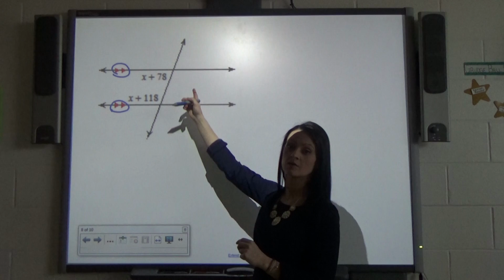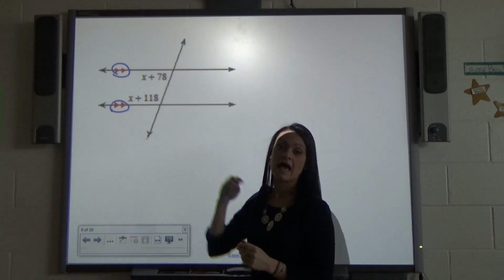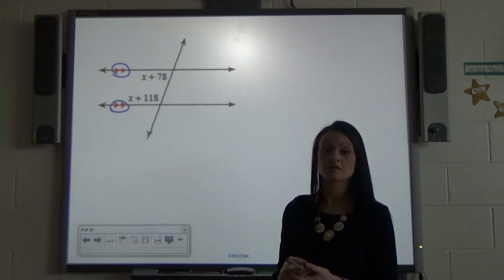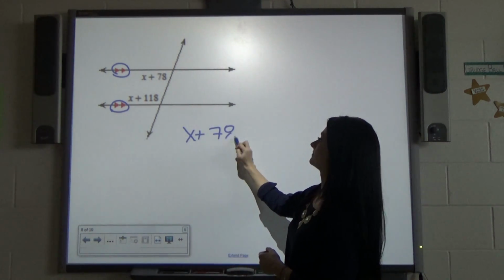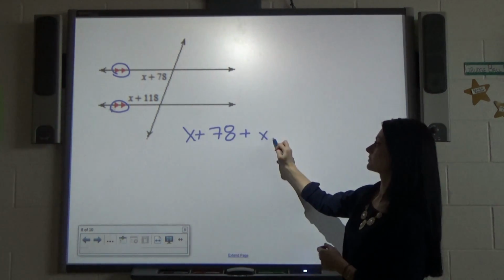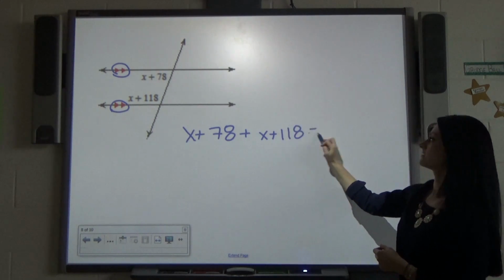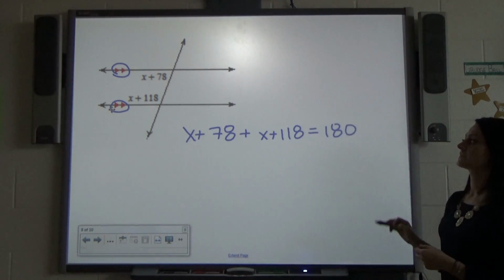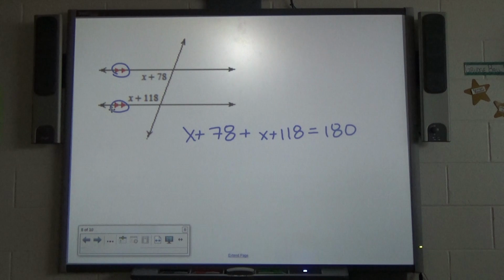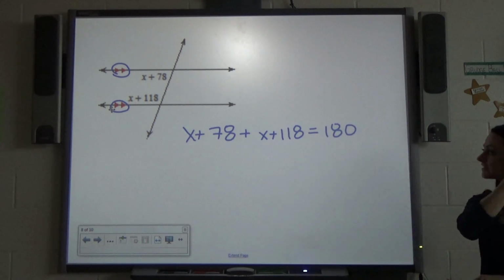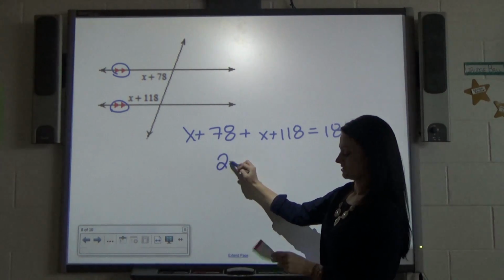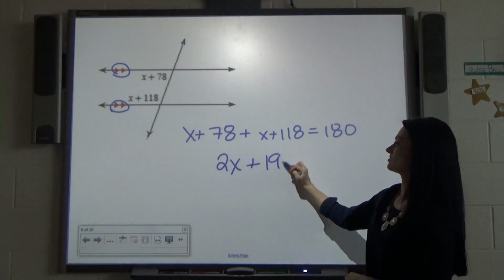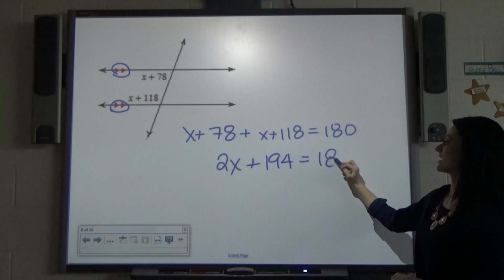So I need to take both of these angles, add them together, and set them equal to 180 degrees. So I'm going to say x plus 78 plus x plus 118 is equal to 180. And now from this point, I'm set up to start using my solving methods to get x by itself. I'm going to combine like terms first. So I had 2x plus 194 was equal to 180.